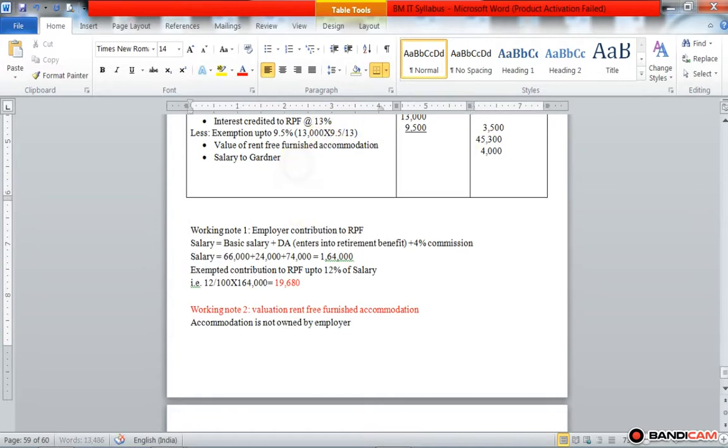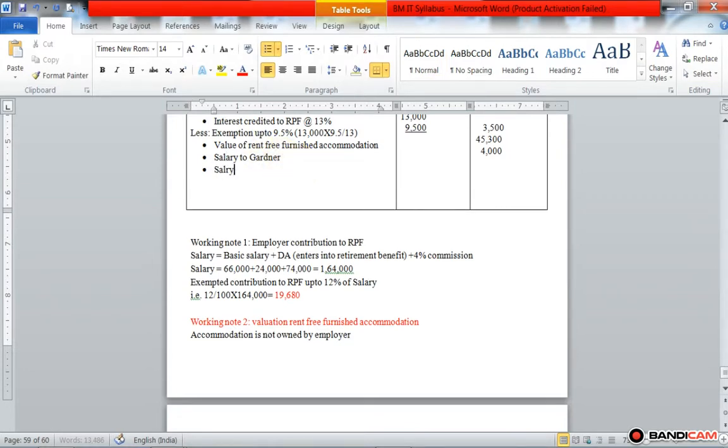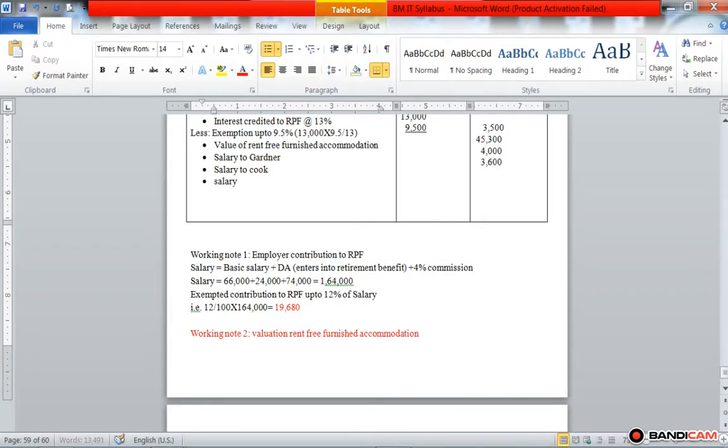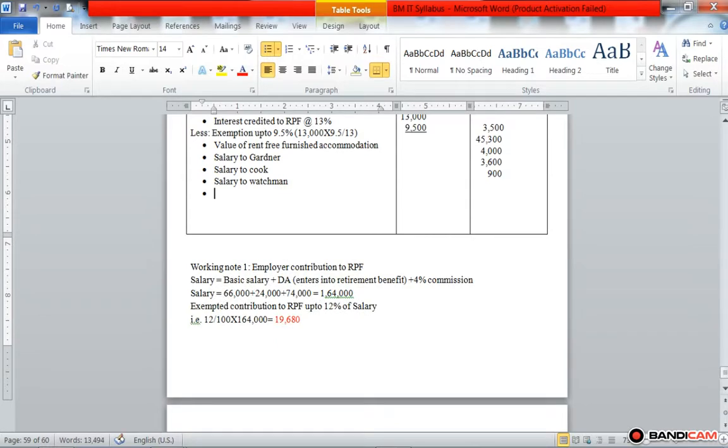Then salary to cook is 3,600. Then salary to watchman, 900.